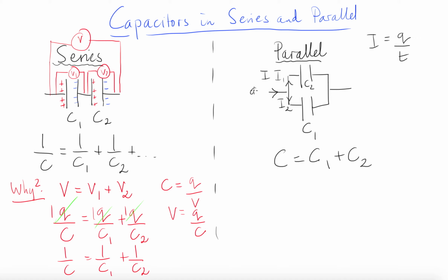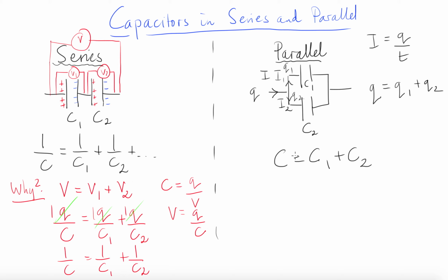I have the total charge going in here is equal to the charge going down the first branch, just switch the notation here, so call this 1 and this one 2, plus the charge going down the second branch. But due to the conservation of charge law, the total charge is just going to be Q1 plus Q2.